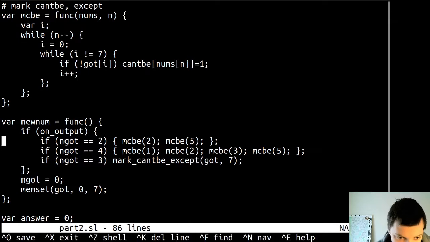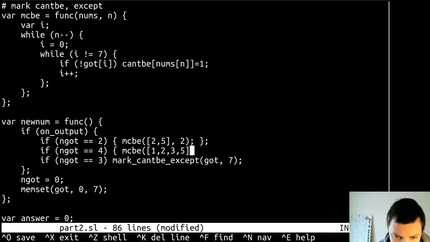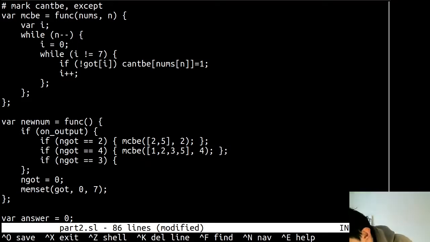So then we can go, well, it can't be except 2, 5, and there are 2. This is 1, 2, 3, 5. Actually, we already know how many there are because it's n got, although we don't need to. Number 7 is ACF, which is 0, 2, 5.